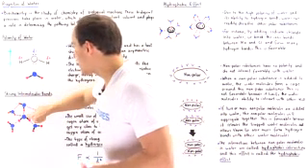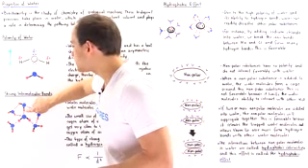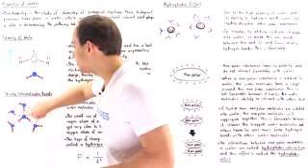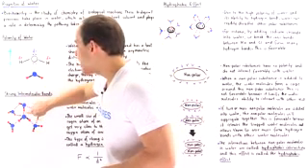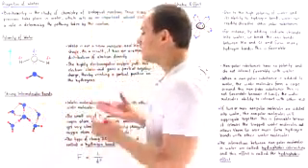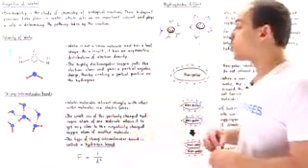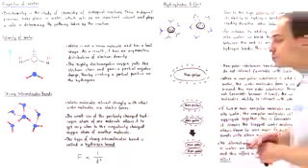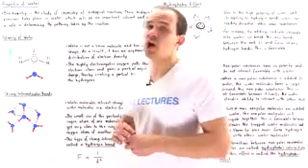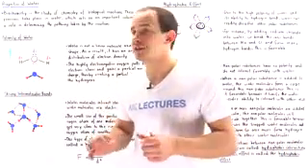For example, this molecule right here. The small size of this allows it to get very close to this oxygen, and this small distance basically means we have a very strong interaction. And this type of strong intermolecular interaction or intermolecular bond is known as a hydrogen bond.